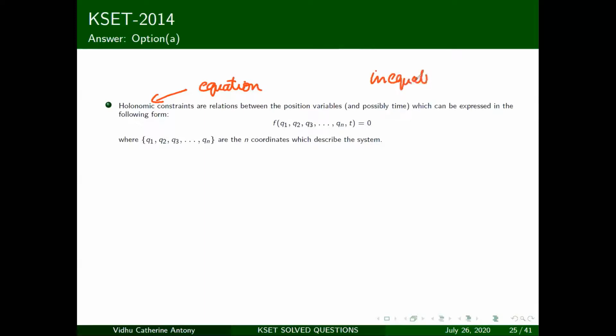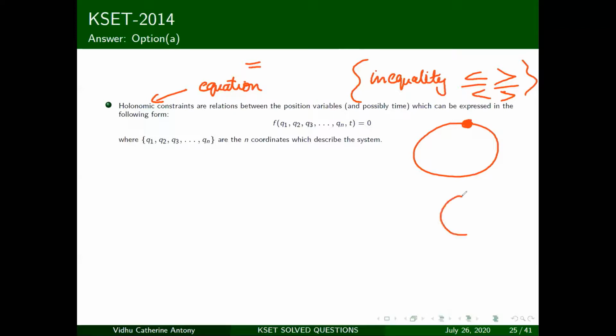Basically, you end up with things like less than or equal to, greater than or equal to, less than, greater than. Those kinds of equations are your non-holonomic constraints. Whenever you have an equal to, you end up getting a holonomic constraint. The typical example is a ball going around a sphere, or tracing a sphere.